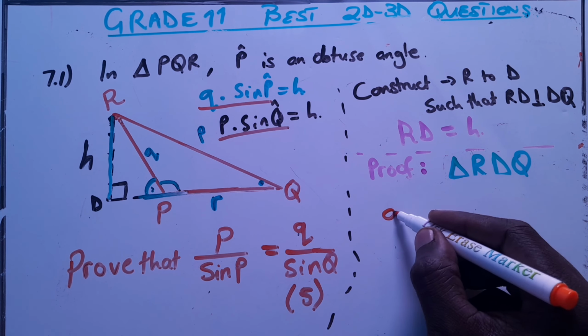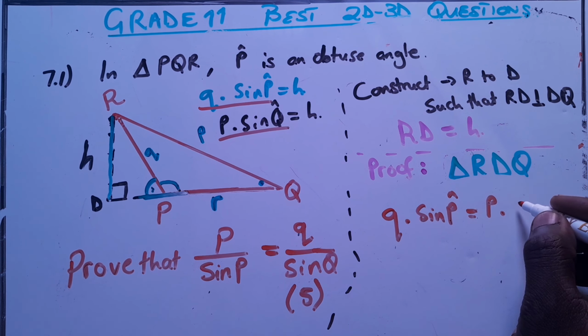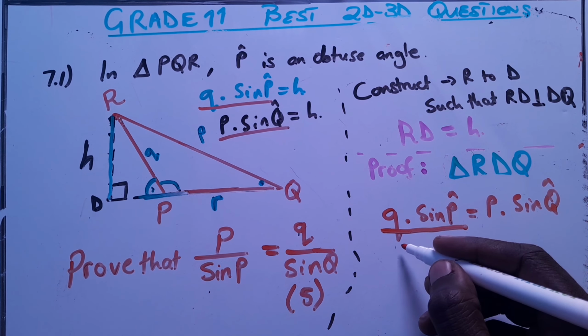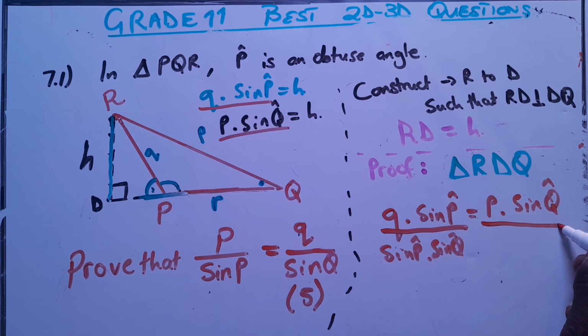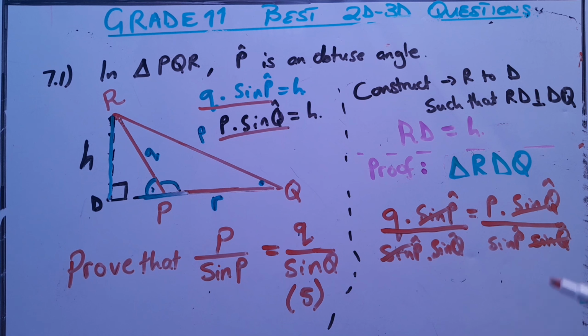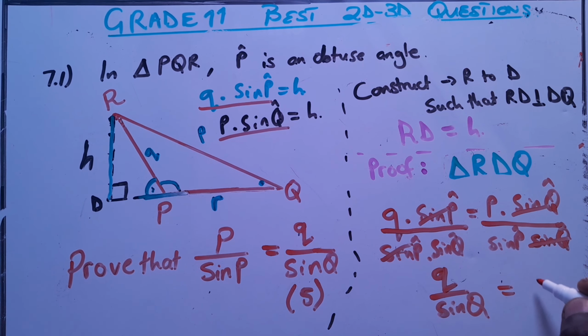So our q multiplied by sine of P should be equal to our p multiplied by sine of Q. We can divide throughout by sine P sine Q. So sine P and sine P cancel, sine Q and sine Q cancel, and we're left with q over sine of Q being equal to p over sine of P, just like that.